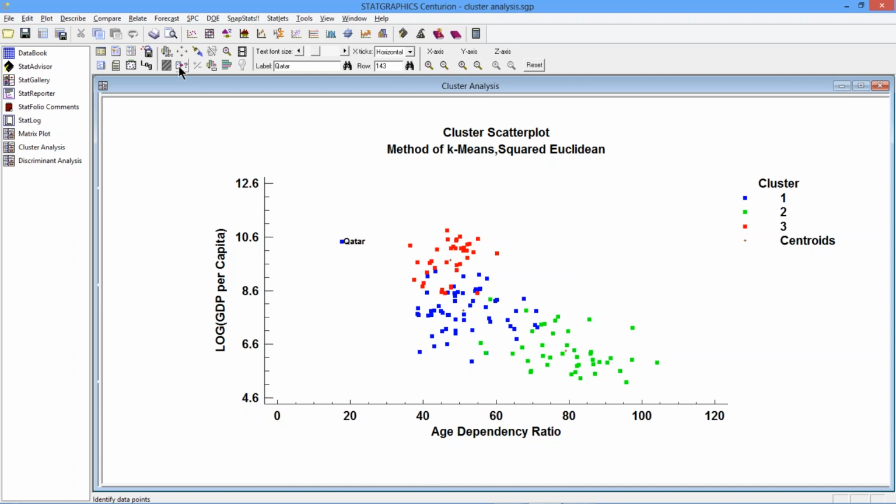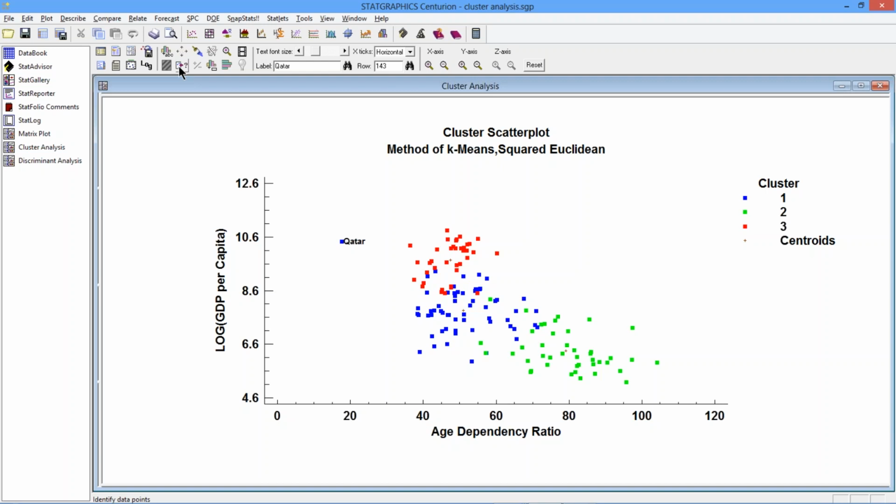If you haven't seen my webinars on using R from Statgraphics, we have set it up to make it easy for you to take data from Statgraphics, push it off into R, at which point you can use various algorithms in R to do your calculations and pull the results back into Statgraphics. So it's possible it could be done through the R interface, but there's nothing native to Statgraphics to do that.